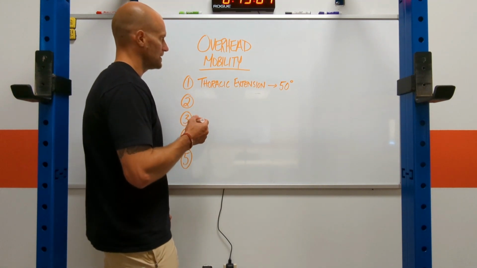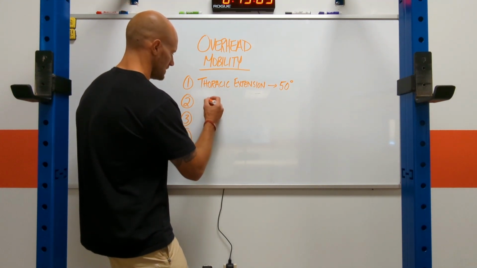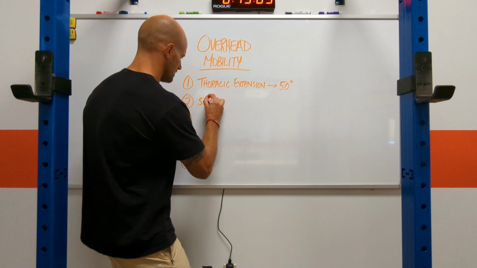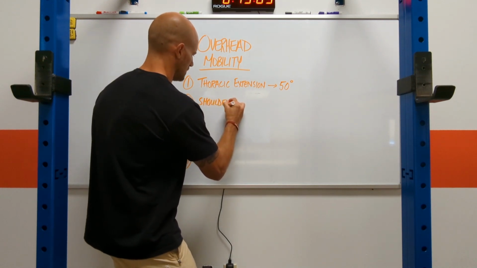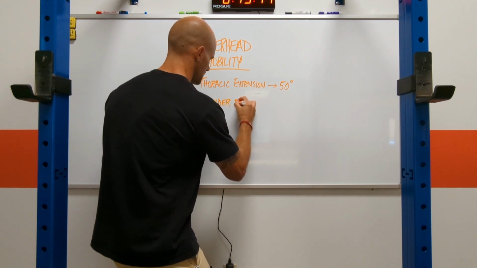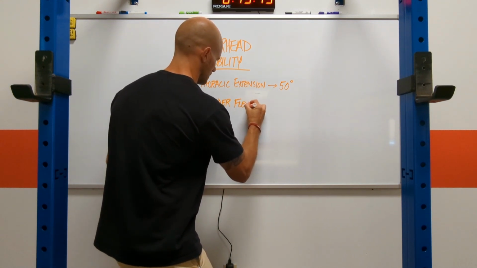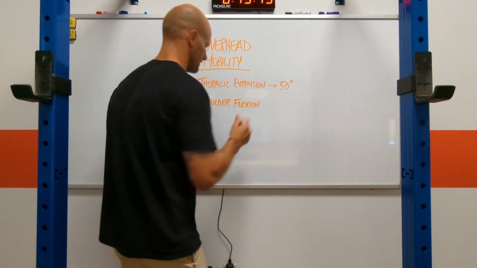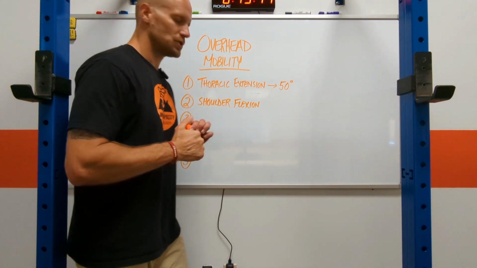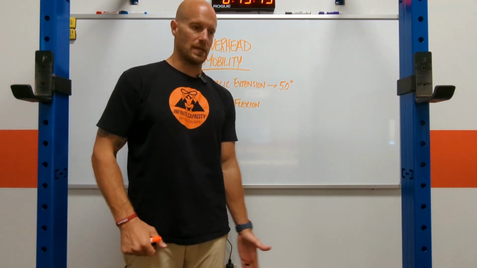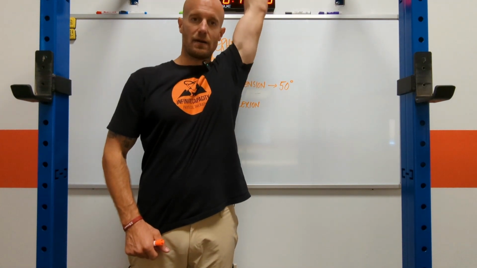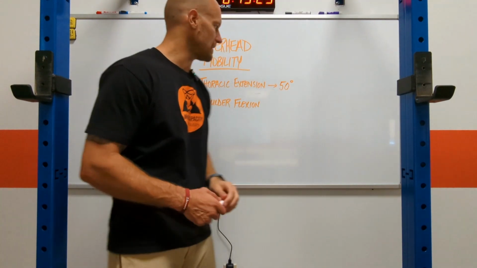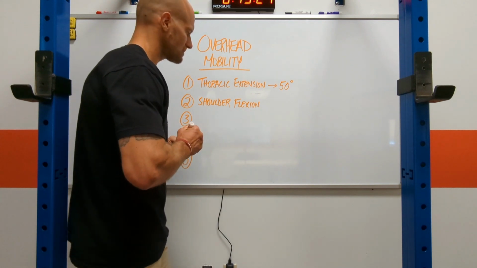The second component that contributes to overhead mobility is going to be shoulder flexion. Shoulder flexion is that movement of the arm coming straight out in front and then up overhead as far as we can without compensation.